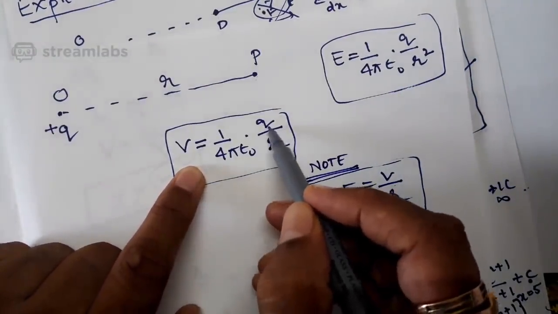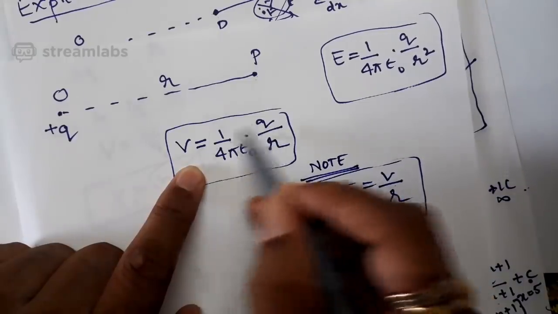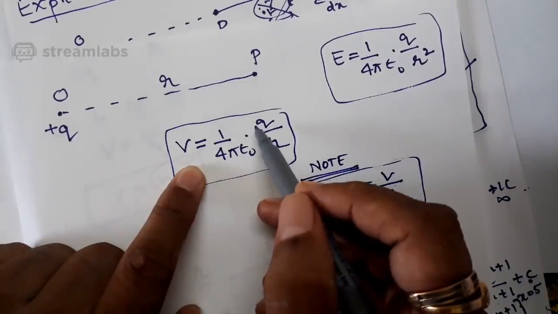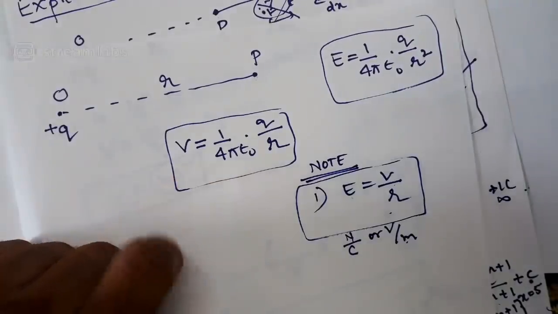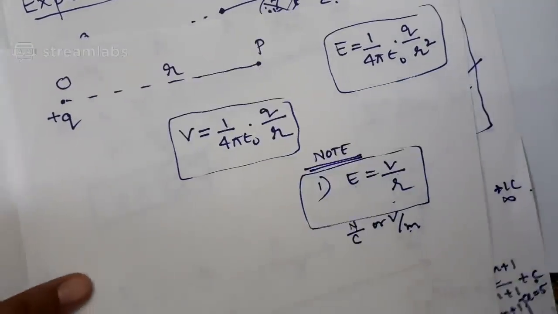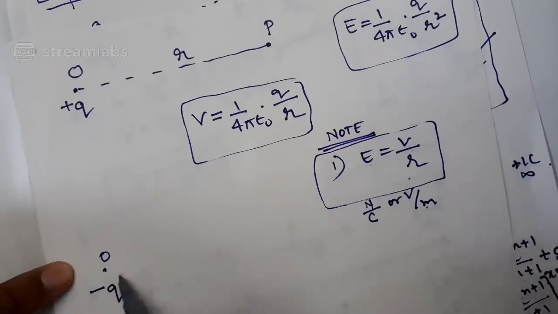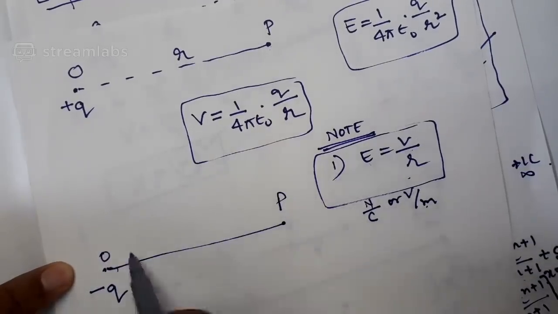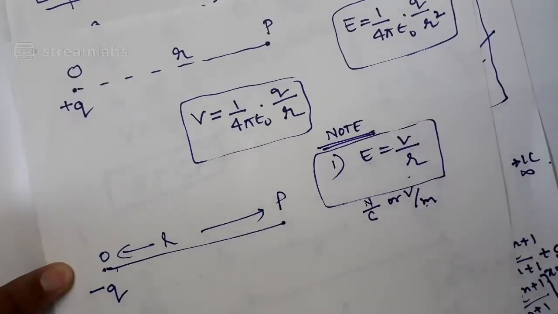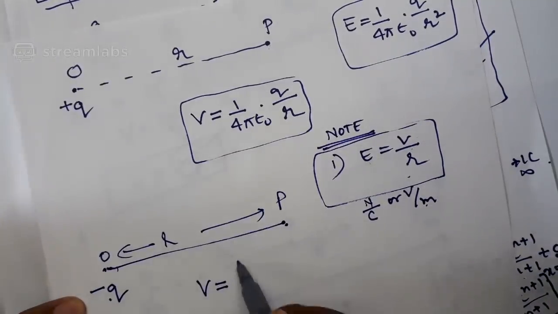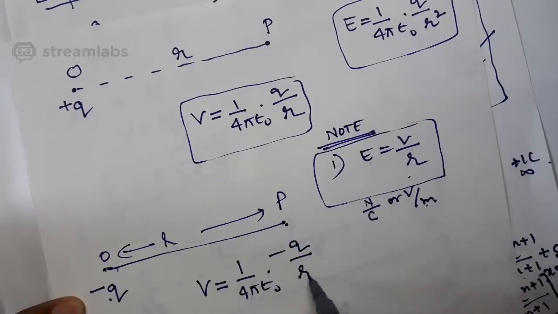If the charge is negative here, you have to include a negative sign in the charge, because potential is a scalar. What I'm trying to tell you is, at point O, if I had a minus q charge, and if I select a point P at a distance r from the minus q charge, then what is the expression for electric potential at point P due to a minus q charge? 1 by 4 pi epsilon naught into minus q by r.